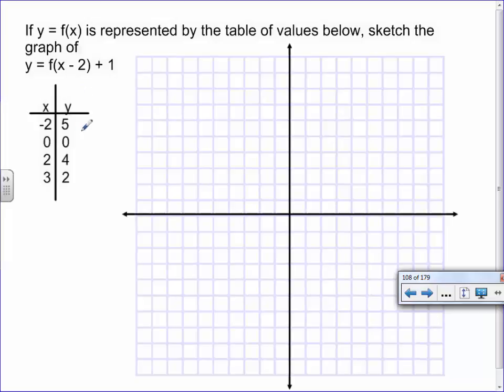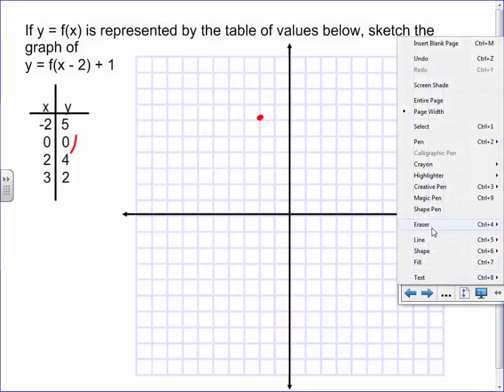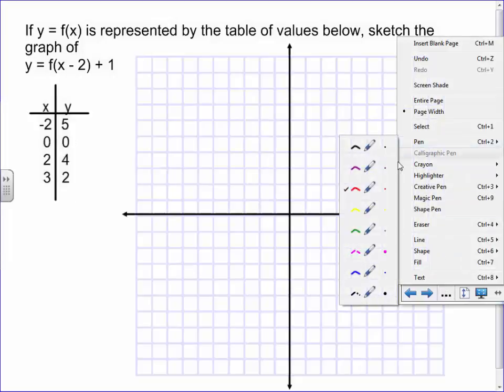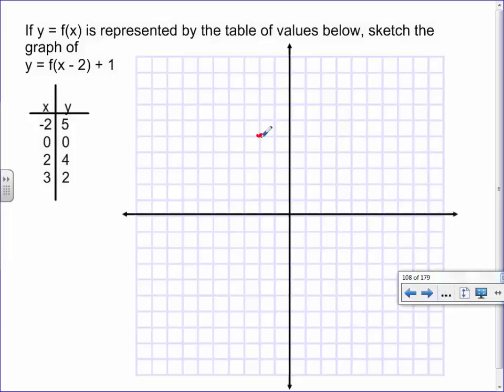What I might do is I might give you some tables of values here. So I'm just going to give you some random points. And then what we're going to do is we're going to figure out where those points moved to after this transformation. So let's plot them one at a time. Negative 2 and 5 would have been here. Where's it going to move to, according to this transformation?